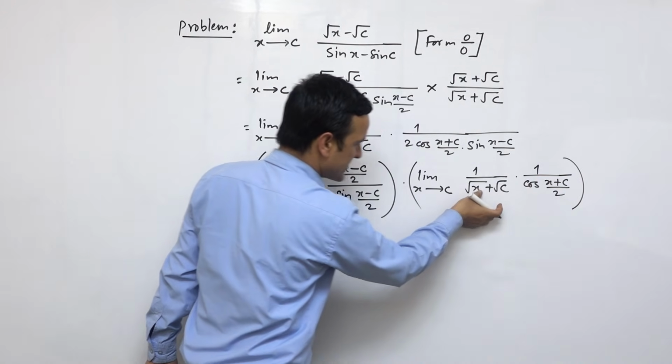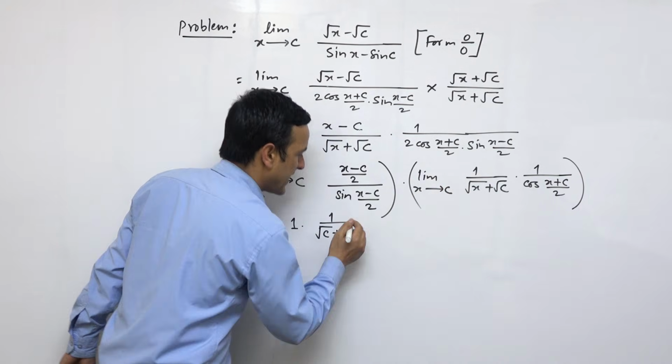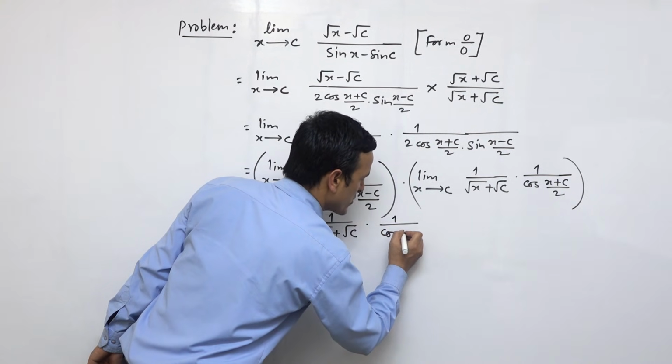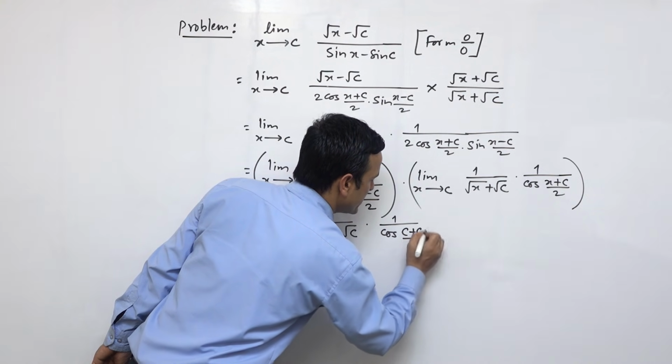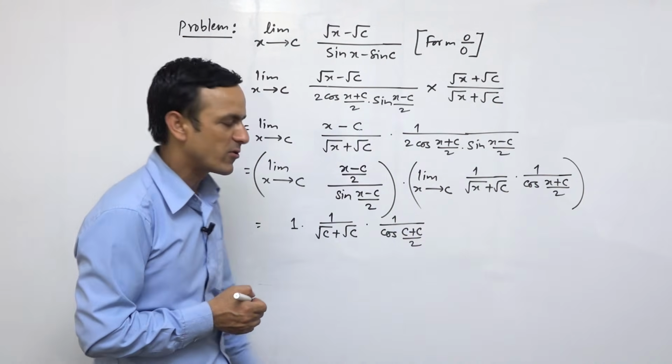Your x is changed over here, so this x goes to c when we put the value of x, and here 1 upon cos c plus c divided by 2. x जति सबै चेन्ज हुन्छ लिमिटिङ भ्यालु राख्दा.